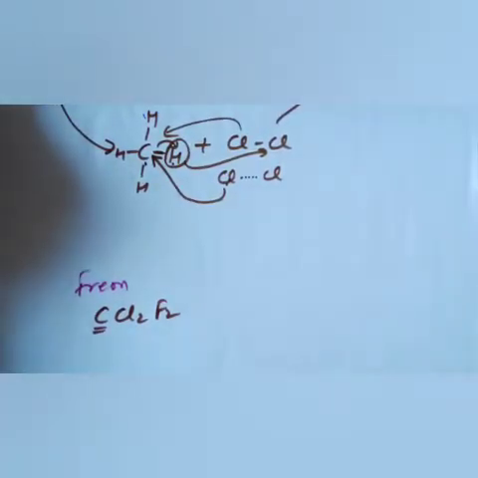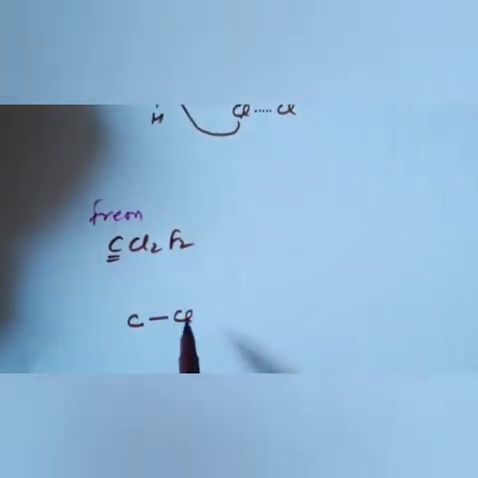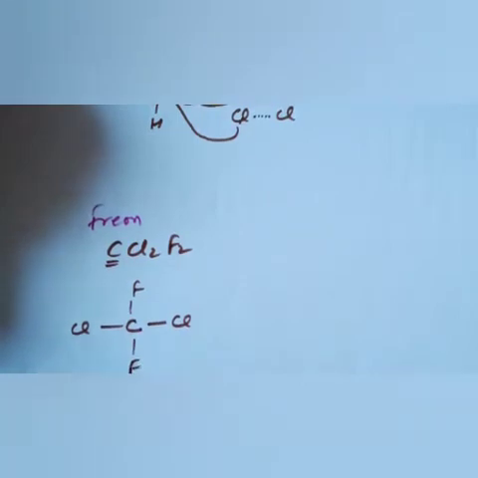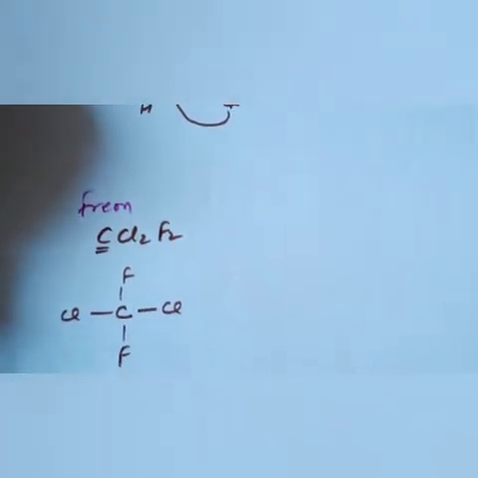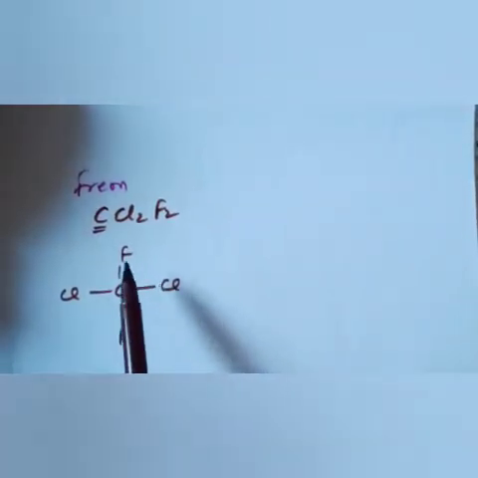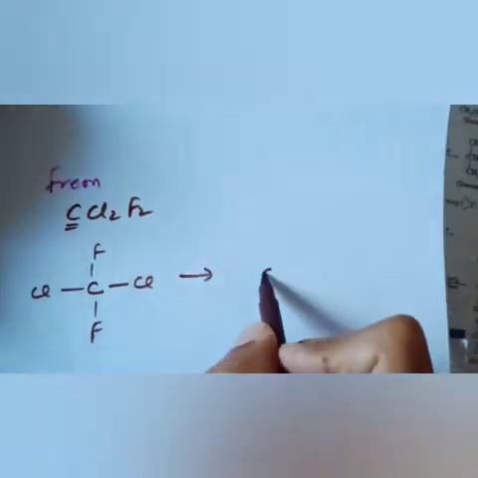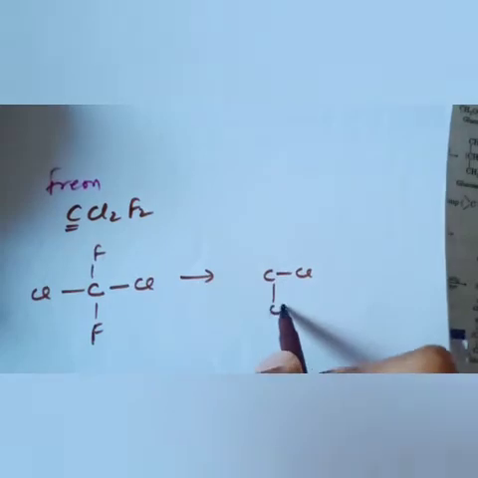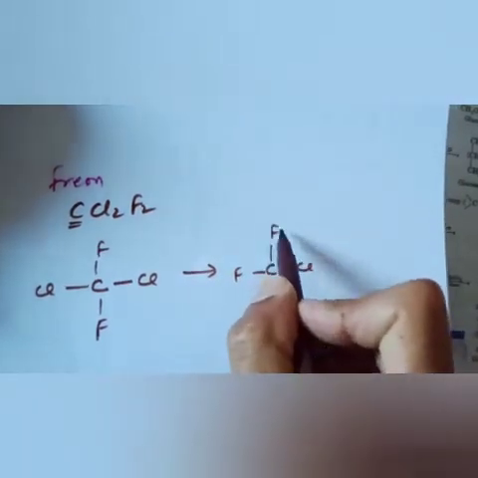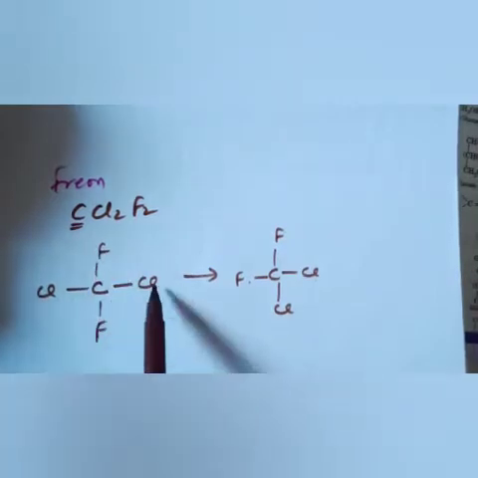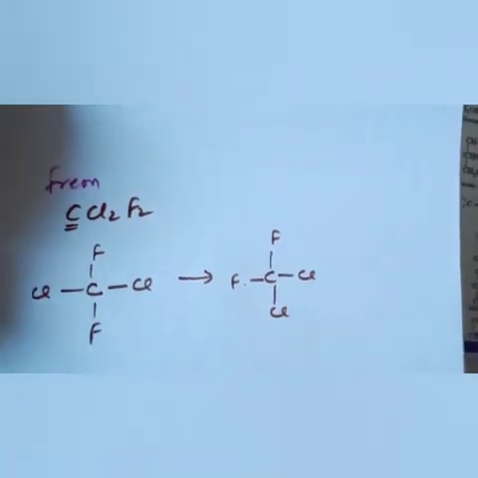There is C. Then how many chlorines? Two chlorines and two fluorines. As you know, one carbon can make four bonds around it, so two bonds are shared by fluorine and two by chlorine. You can draw it in different ways: chlorine, chlorine, fluorine, fluorine, or one chloro, one fluoro, one chloro, one fluoro. Both are the same.